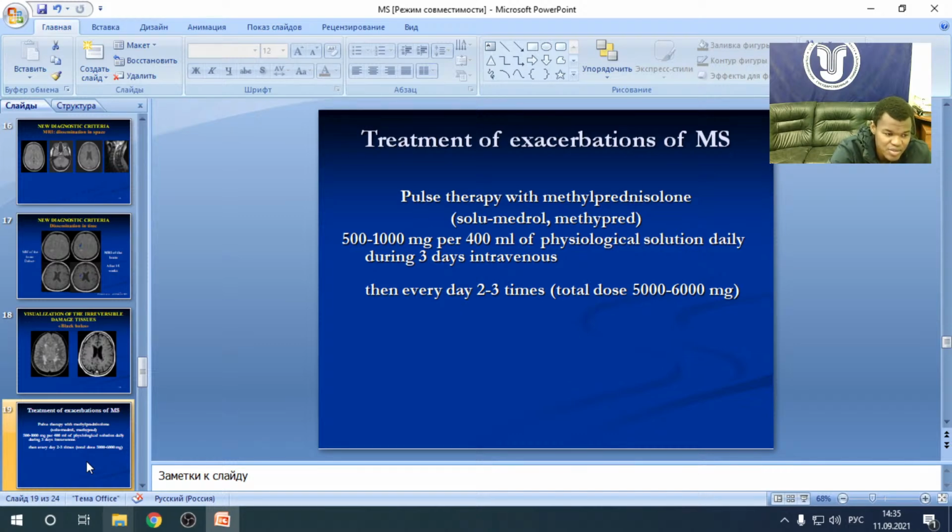Then every day we perform it 2 to 3 times. So the doses shouldn't be over 5 to 6,000. So please remember this.